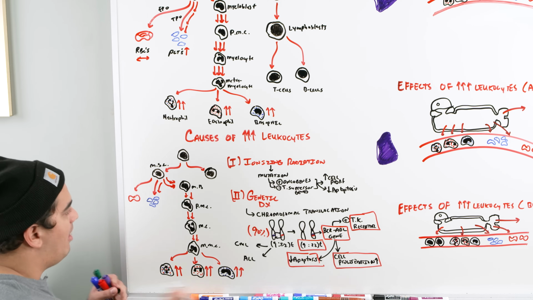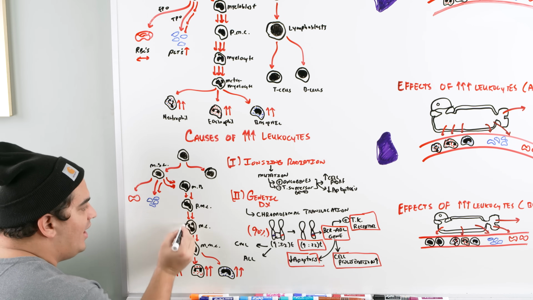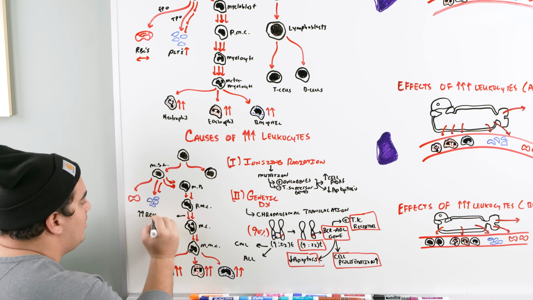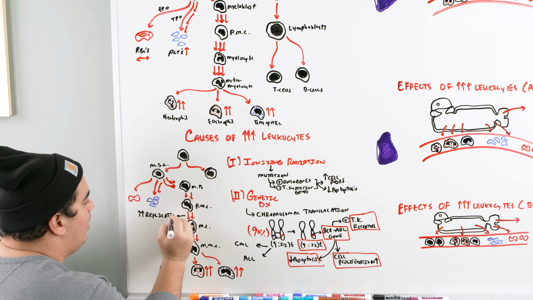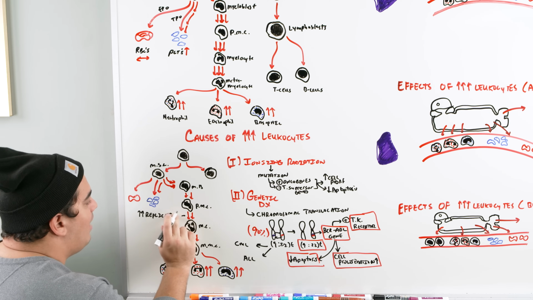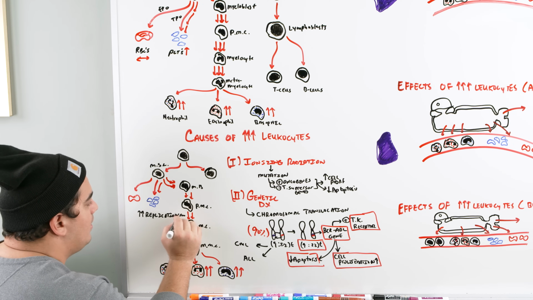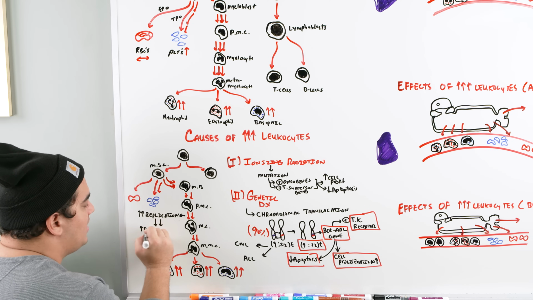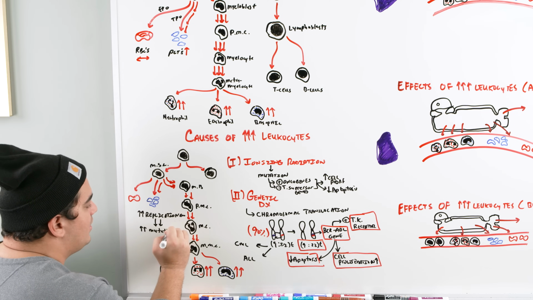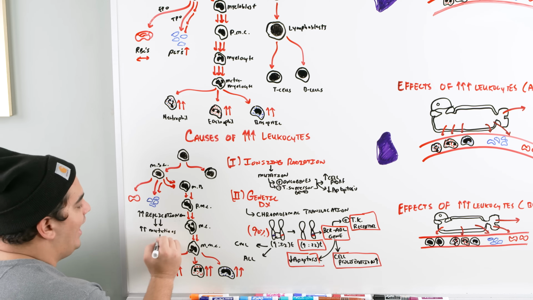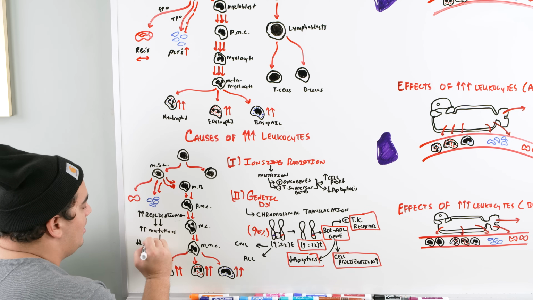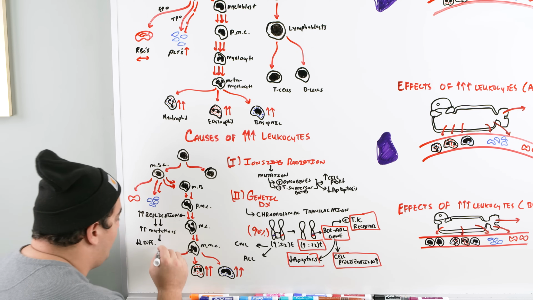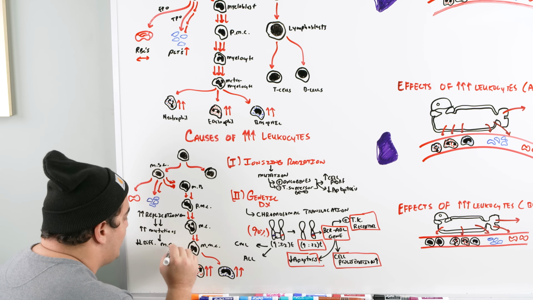So what I need you to remember is that lots of replication comes with increasing mutations, and with increasing mutations, you decrease the differentiation of the myeloid stem cells.